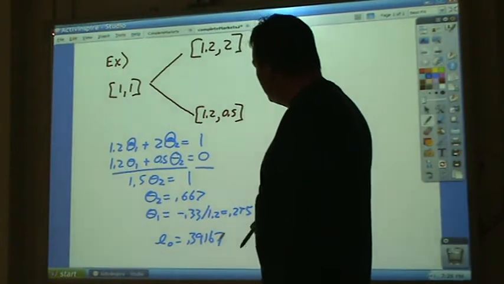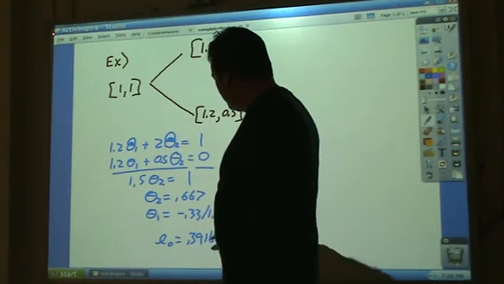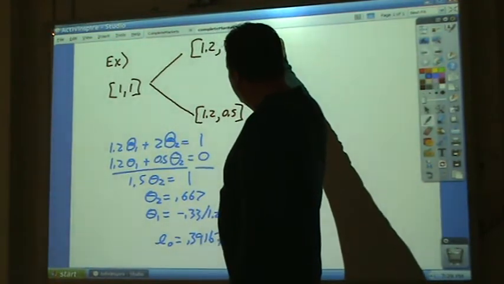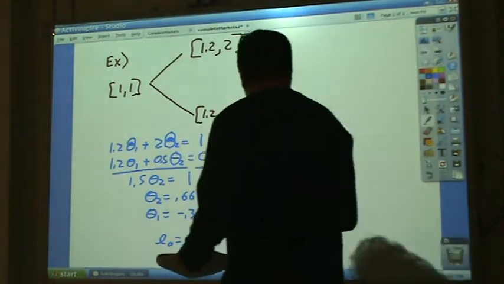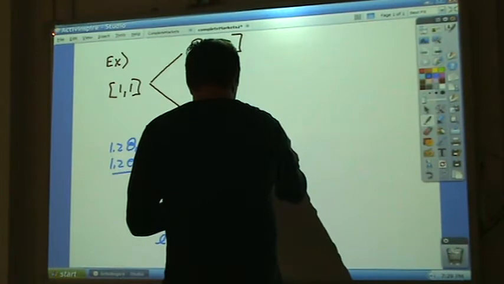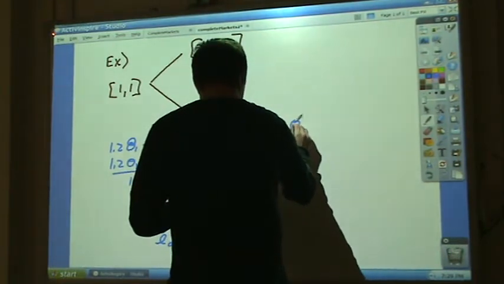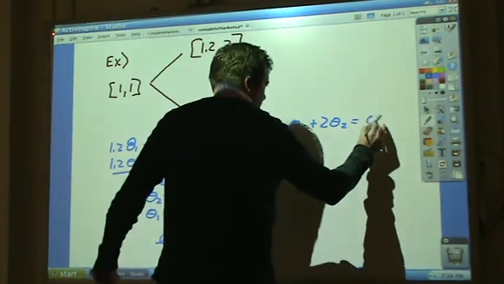We could get a security that if the market went to the upstate for 39 cents, we would get $1 in the upstate and $0 in the downstate. If we then wanted to solve the second elementary security, we would again do the 1.2 theta 1 plus 2 theta 2 equals 0.